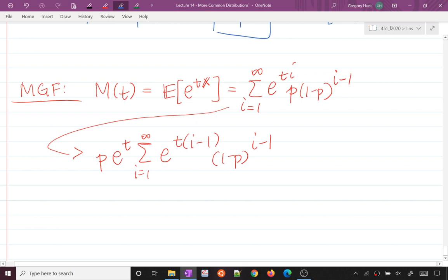So now I have a bunch of i minus 1s. My sum starts at 1, so I could re-index my sum, start at 0. I decrease my index by 1, so I have to increase it in the sigma by 1 and in the summand, e to the ti, 1 minus p to the i.